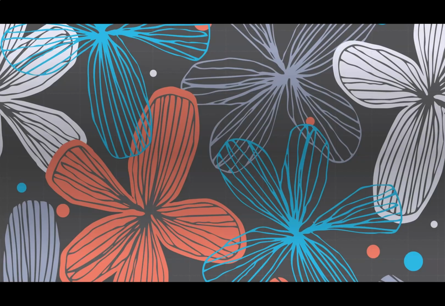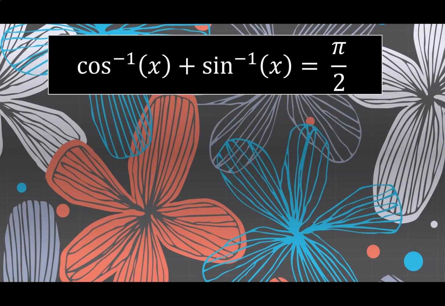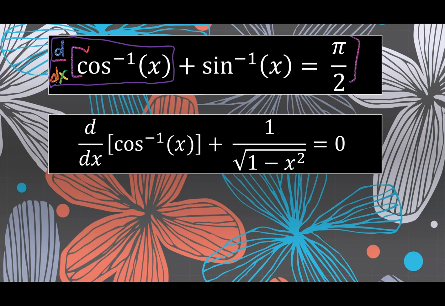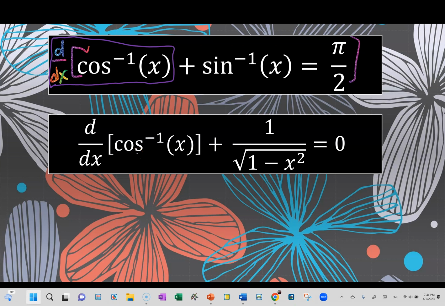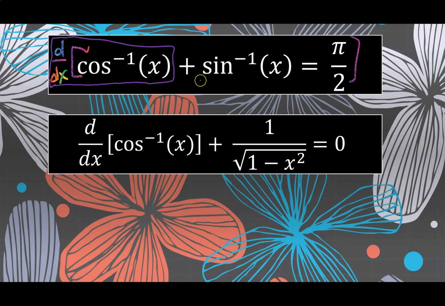Now, given that inverse cosine plus inverse sine is pi over 2, that is an identity, right? So we can go and take the derivative of both sides. And what we are interested in is the derivative of inverse cosine. Okay, so on the first term, we will have the derivative of inverse cosine, which we don't know what it is, so just leave it the same, plus the derivative of inverse sine, which is something that we know.